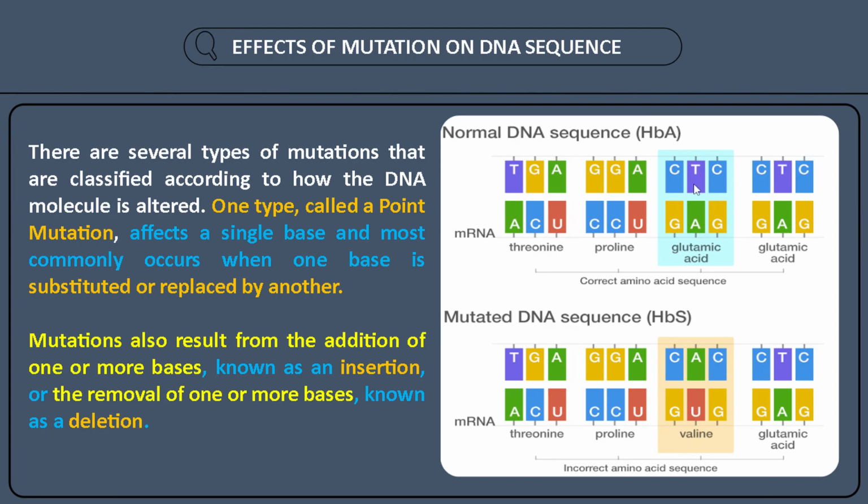So as you can see in these two samples, by the way, class, this is the normal DNA sequence, and this one here is the mutated one. The normal sequence for the codons is cytosine, thymine, and cytosine. And for this one it is guanine, adenine, and guanine.